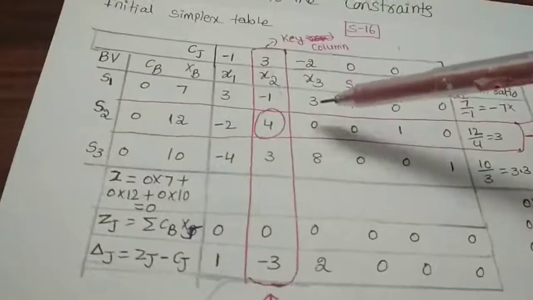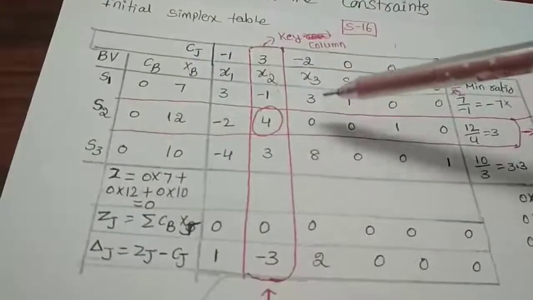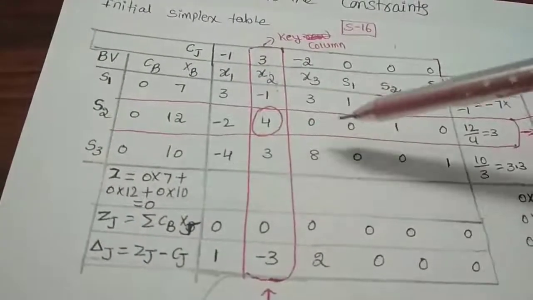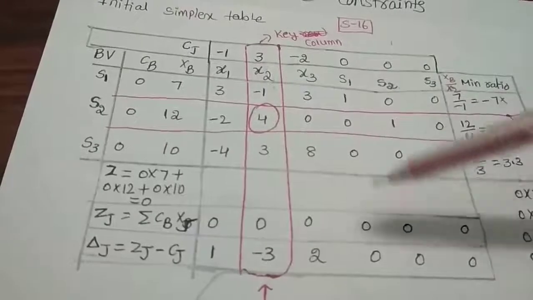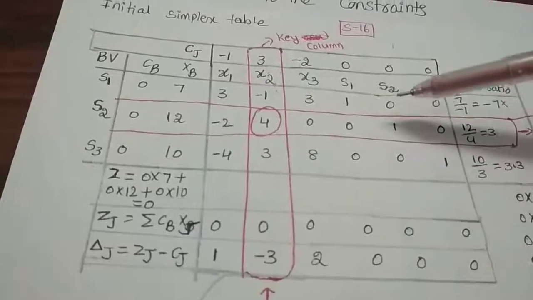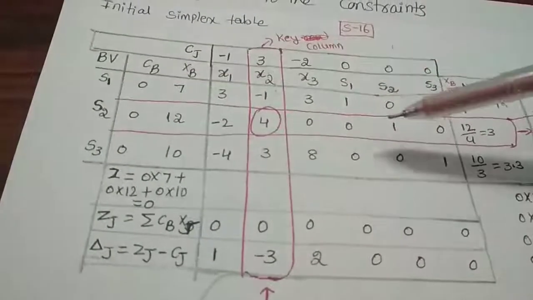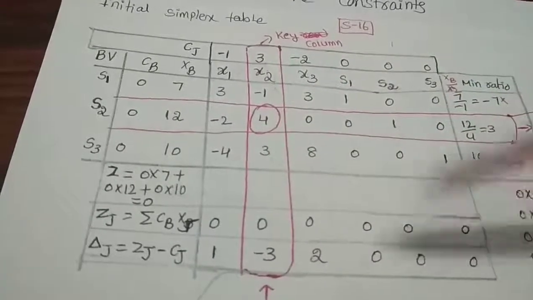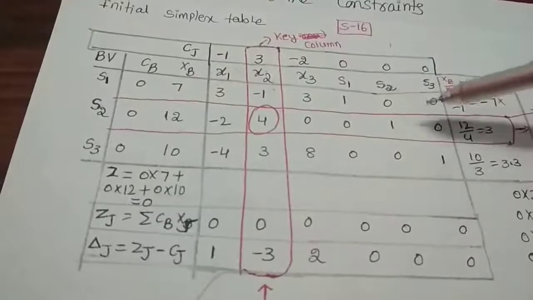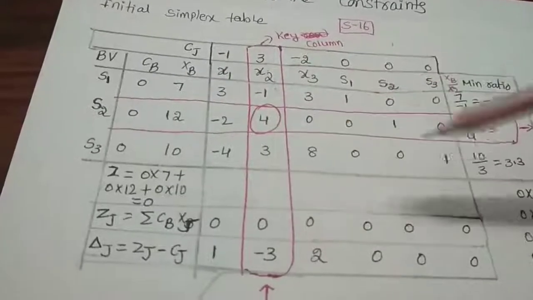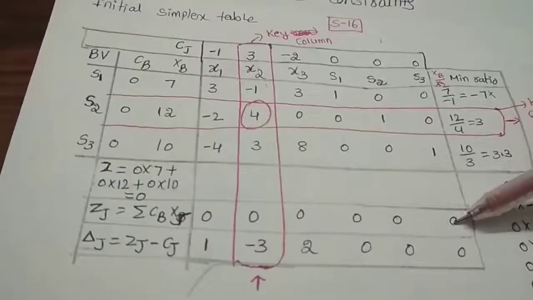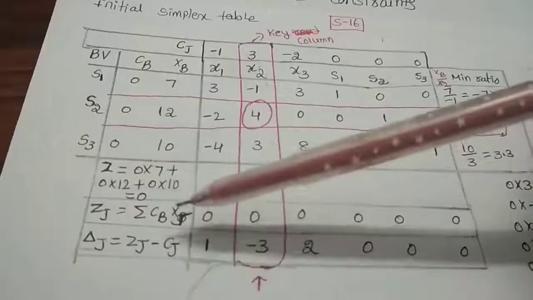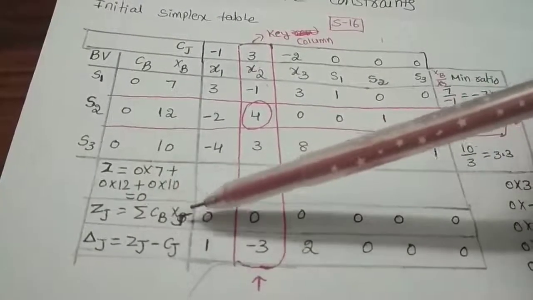Next, similarly the third value is 0 into 3 plus 0 into 0 plus 0 into 0, that equals 0. In this column, 0 into 0 plus 0 into 1 plus 0 into 0 equals 0. Last row, 0 into 0 plus 0 into 0 plus 0 into 1 equals 0. So this is the Zj column.